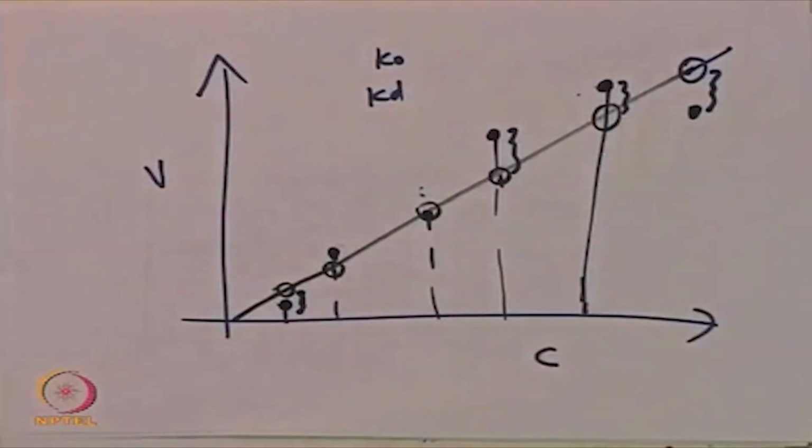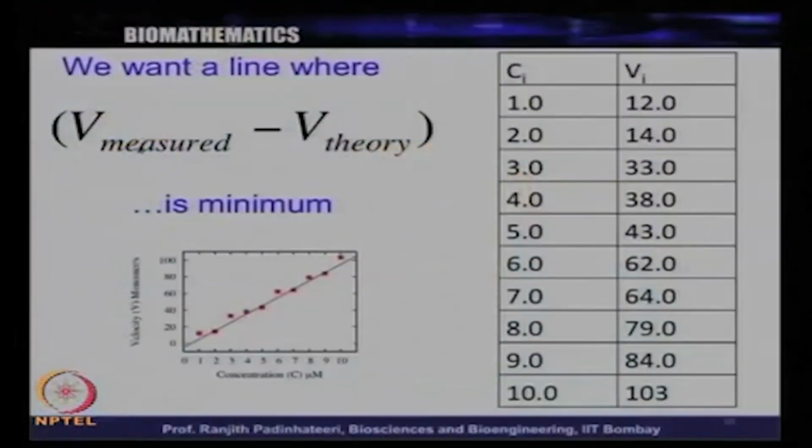So, what we want is that the difference between the measured velocity and the theoretical velocity should be minimal. So, you should minimize this difference. That is what common sense will tell you. When something is a best fit, when something is nicely fitting, there will be little difference.